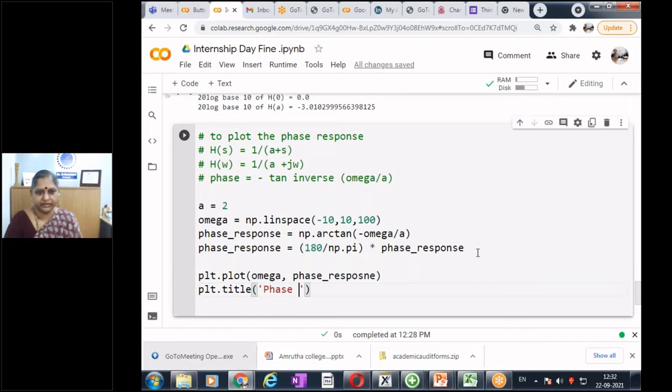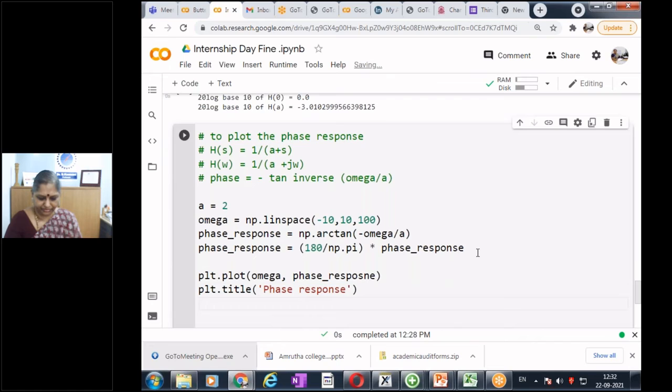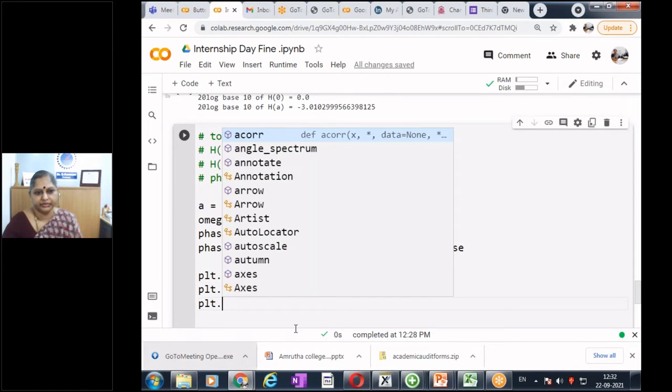Title is phase response, and then give plt.xlabel.